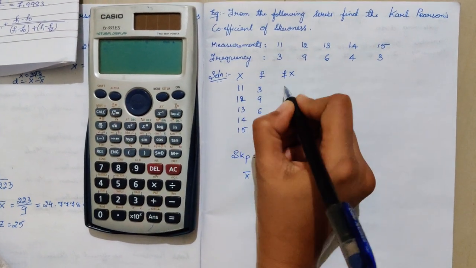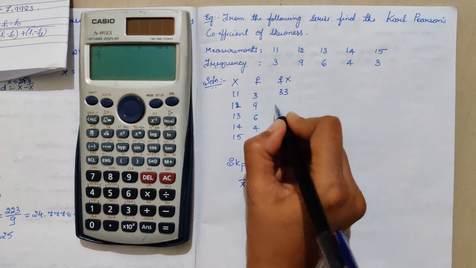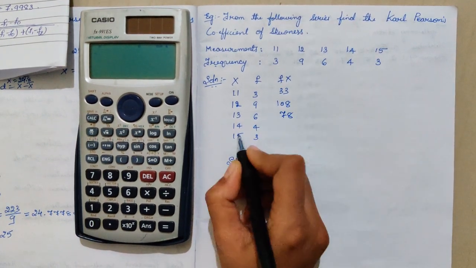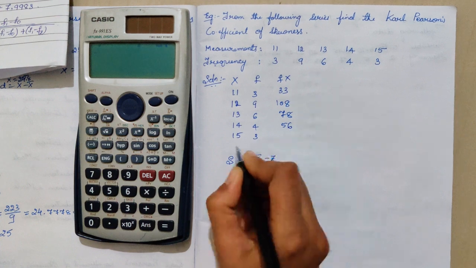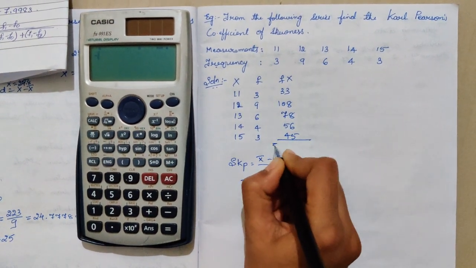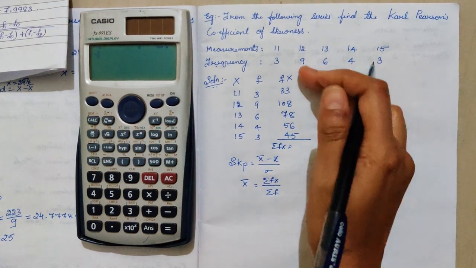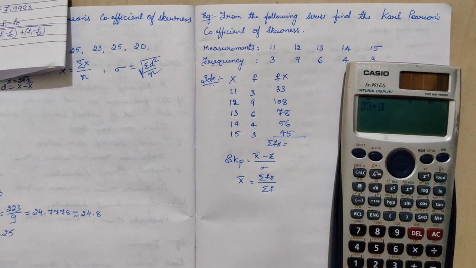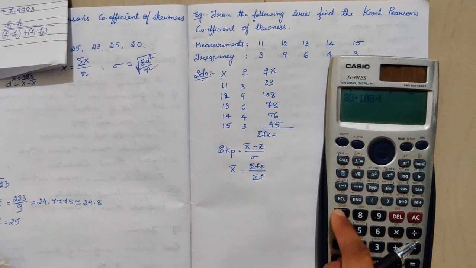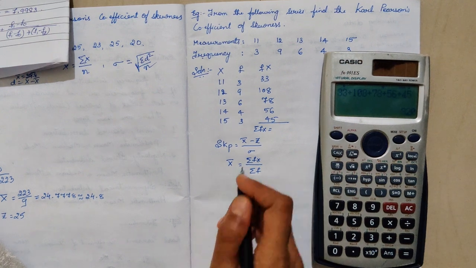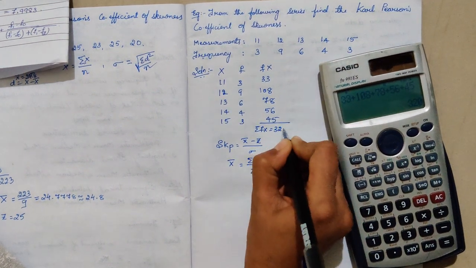That is 3 into 11 is 33, 9 12s are 108, 13 6s are 78, 14 4s are 56, 15 3s are 45. We find summation fx by adding all the values of fx: 33 plus 108 plus 78 plus 56 plus 45. The answer is 320.